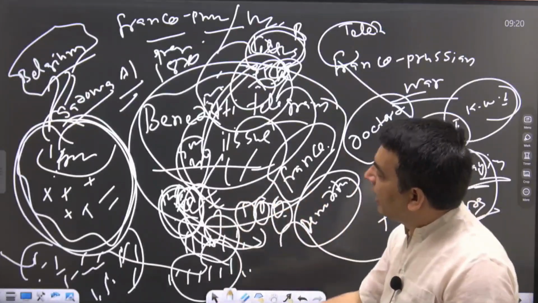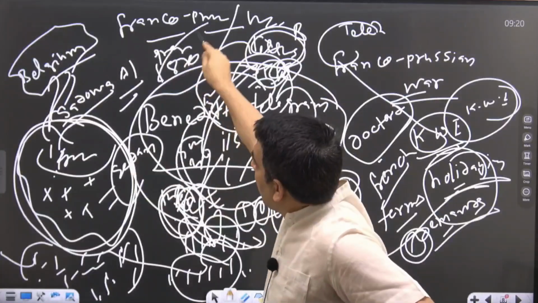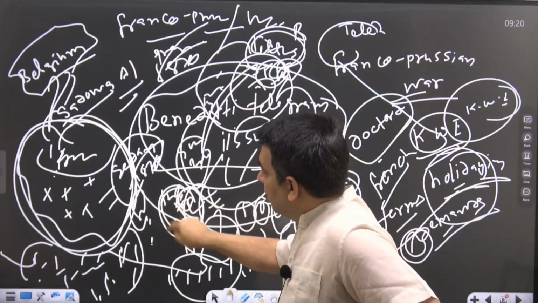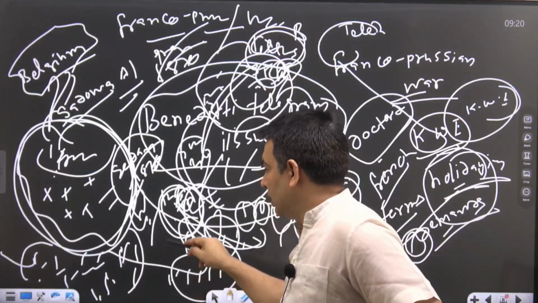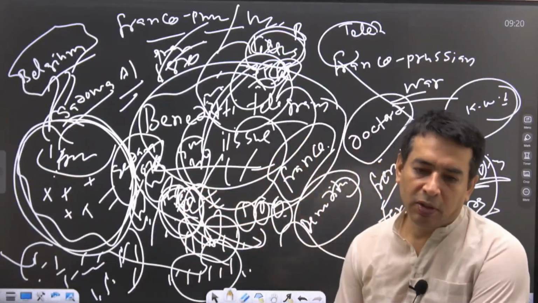And on the other side, in the Battle of Sedan, the decisive battle during this war in 1870, France would be losing. France was defeated by Germany, and this brought the conquest of Germany.